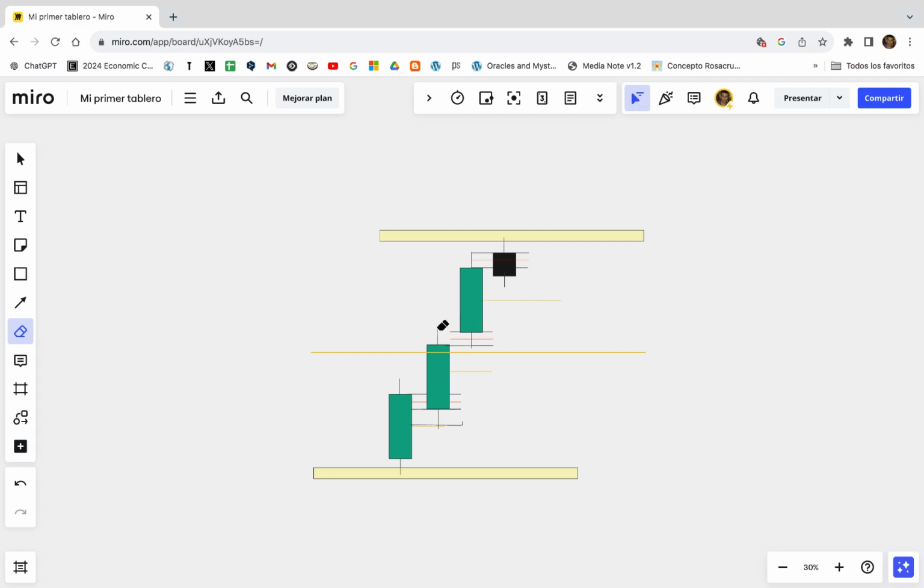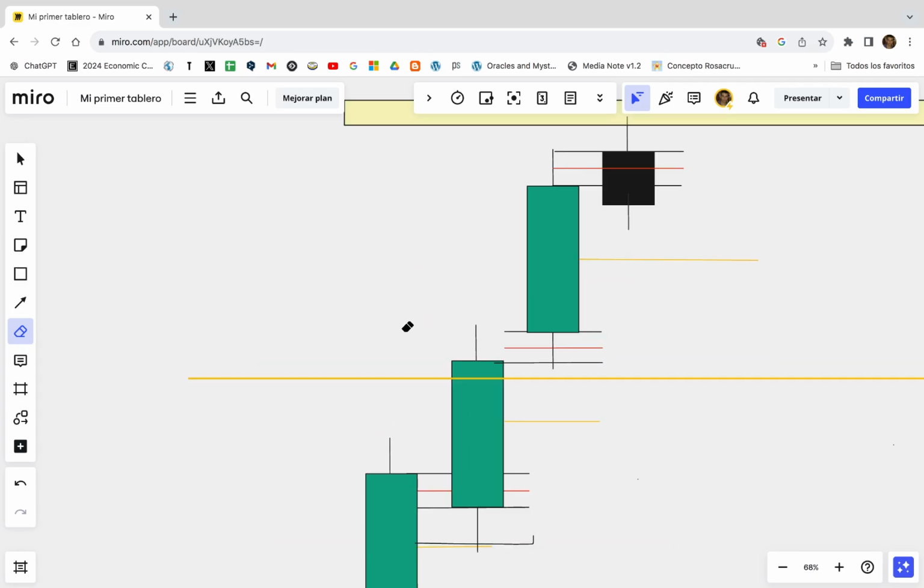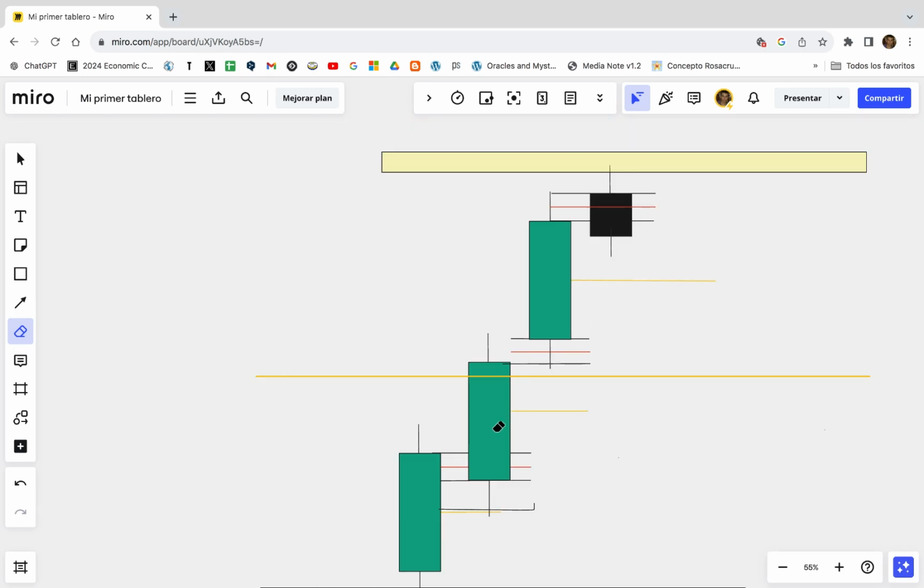You can look for the highs, but you don't need it. Imagine you are inside of this range. If you are trading inside of this candle, price is going to move only to two sides, to take this high or this low.